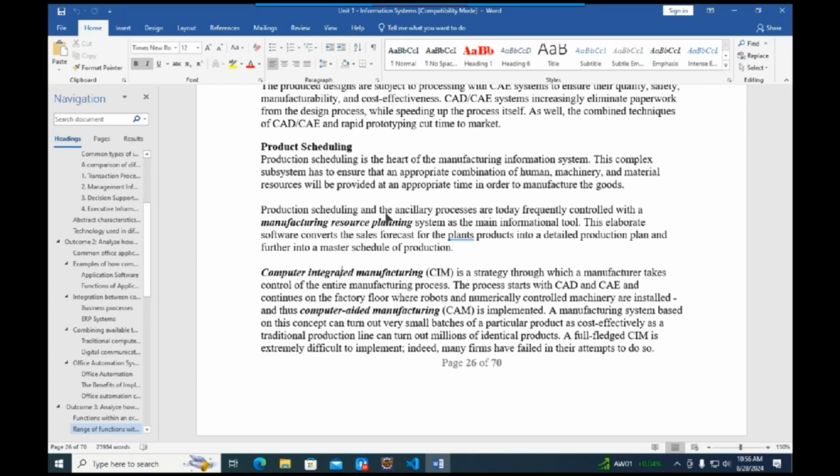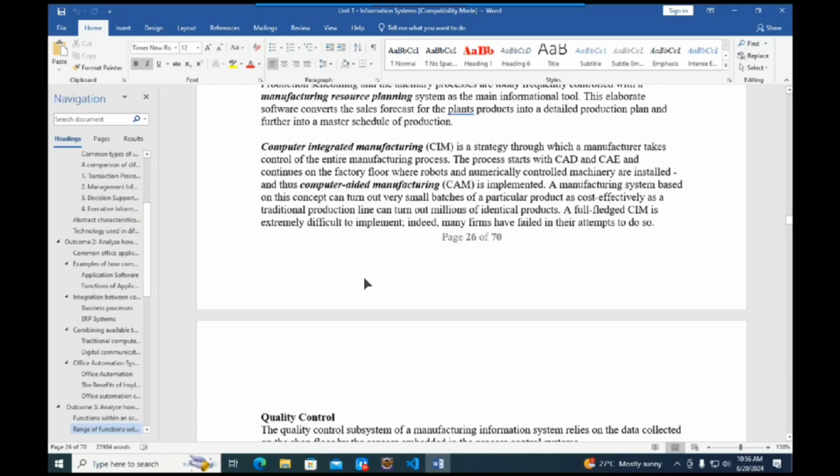Product scheduling and the ancillary processes today are controlled with what we call the manufacturing resource planning system, which is the main information tool. Manufacturing resource planning is an elaborate software that converts the sales forecast for that manufacturing company into a detailed production plan that is mastered into the schedule of production.